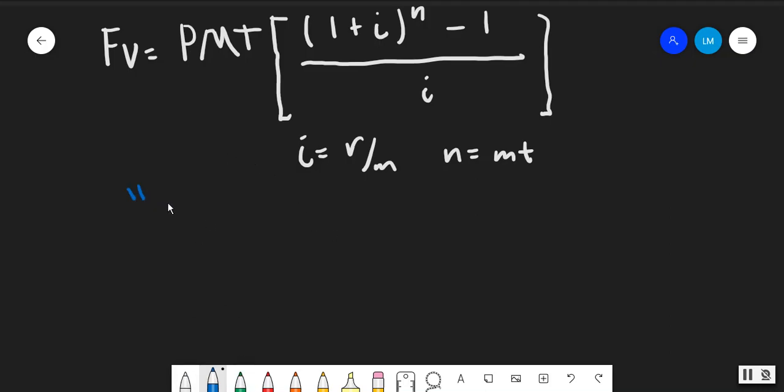Okay, so we call this the future value of an ordinary annuity.